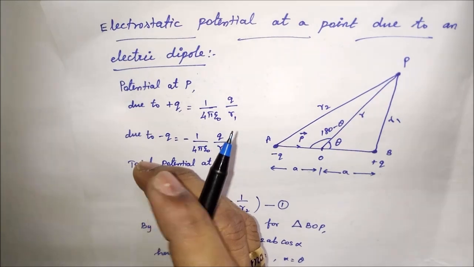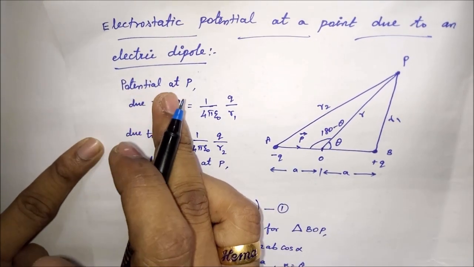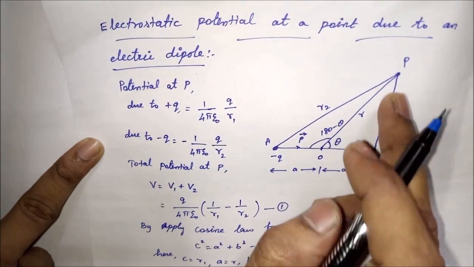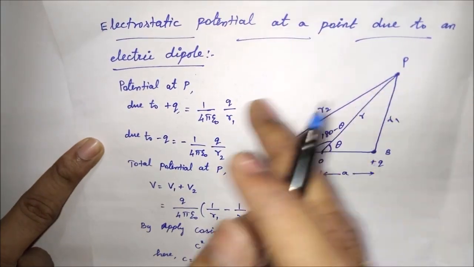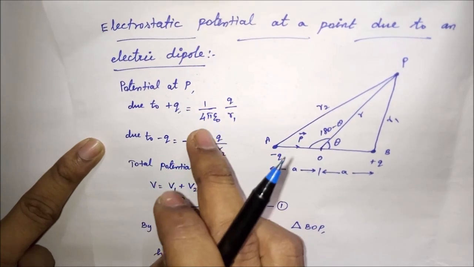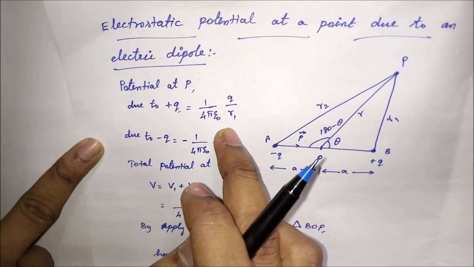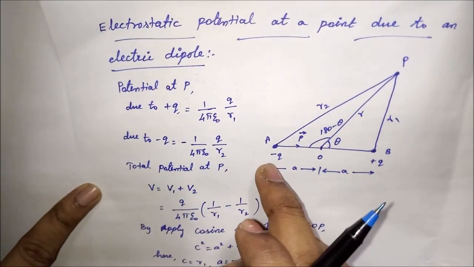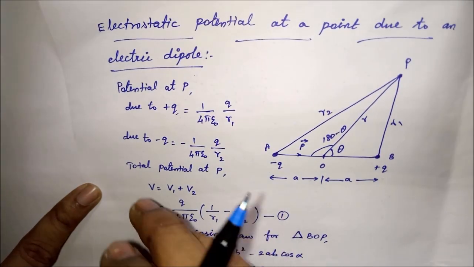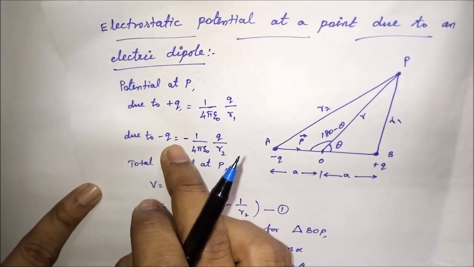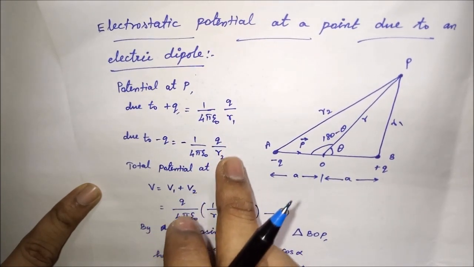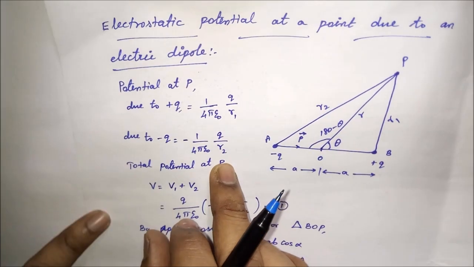First, the potential at P due to the positive charge: V1 equals 1 divided by 4 pi epsilon naught, Q divided by r1. Due to the negative charge, V2 equals minus 1 divided by 4 pi epsilon naught, Q divided by r2.